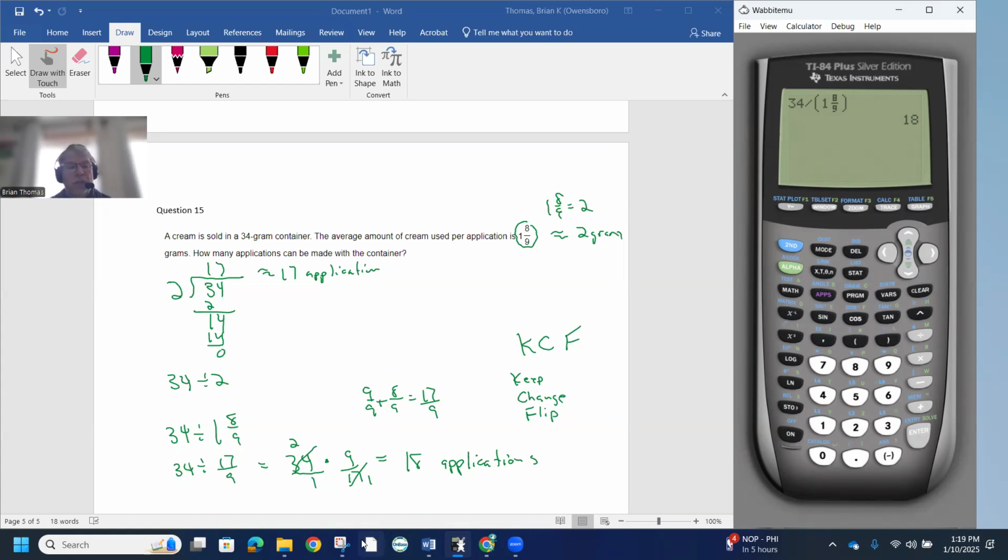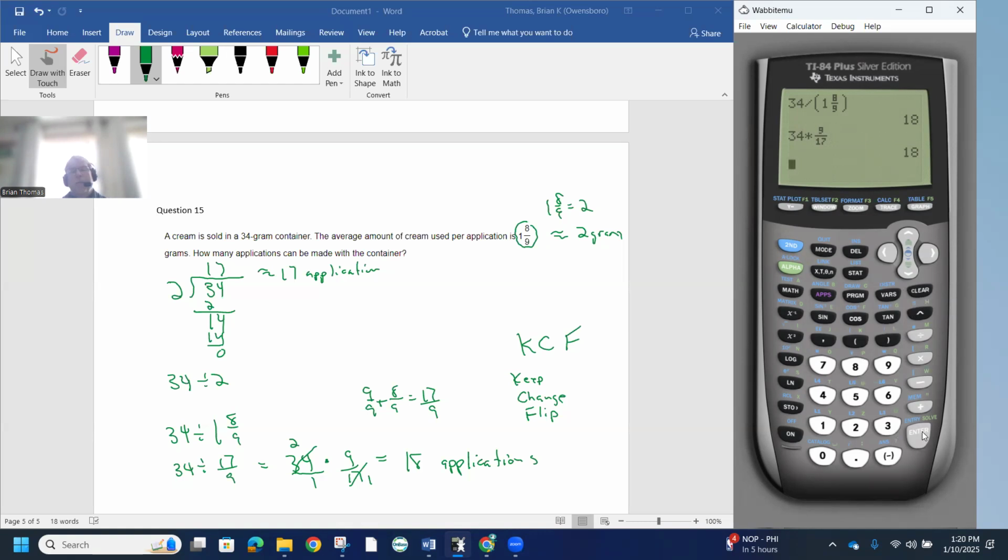Or again, you could type in 34 times 9/17. 34 times, then alpha F1, and just type in 9/17. That should give us the same answer, and it does give us 18 applications.